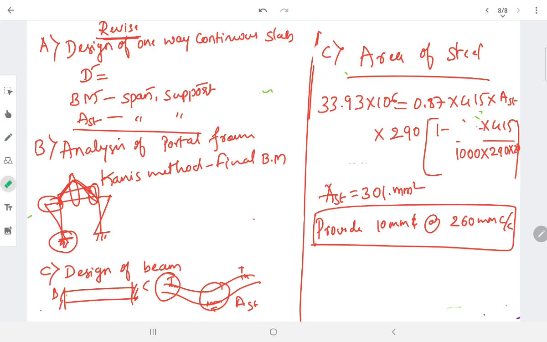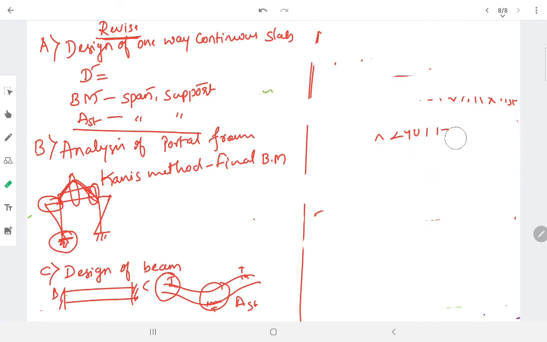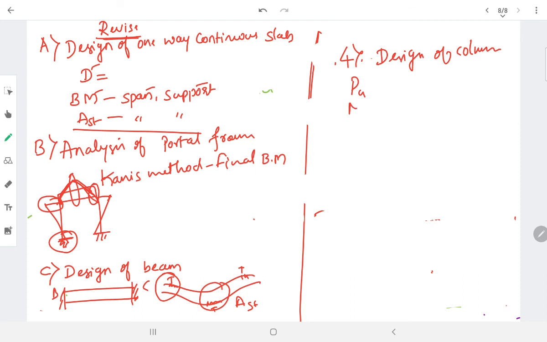Then the next step was design of column. We already knew the size of the column. So reaction coming on the column is taken as PU, and we have calculated MU also, which we know from the Carney's method.